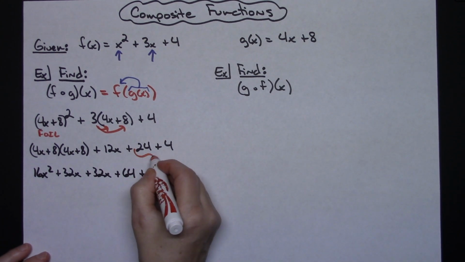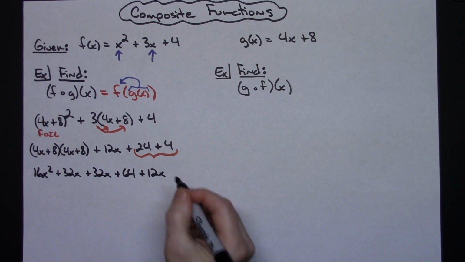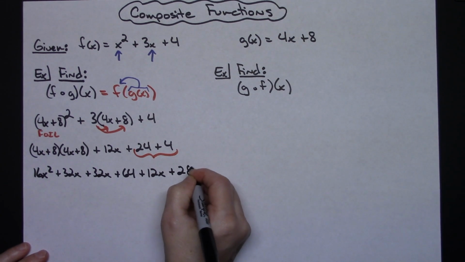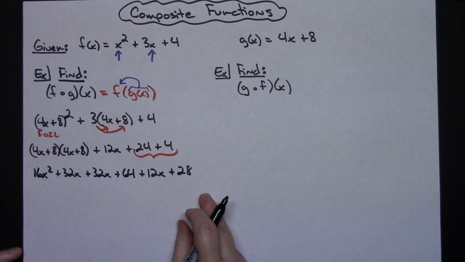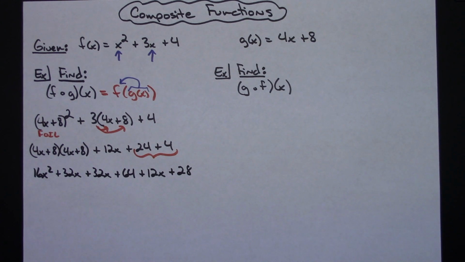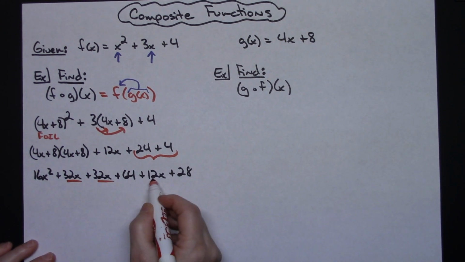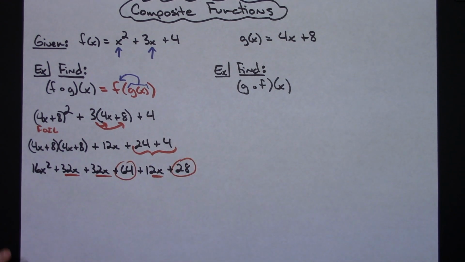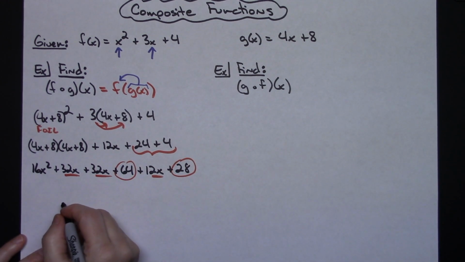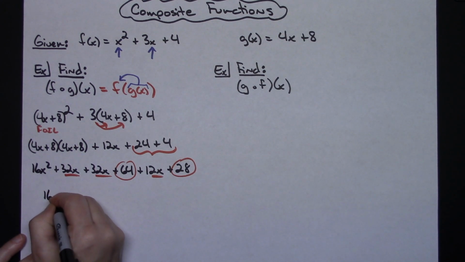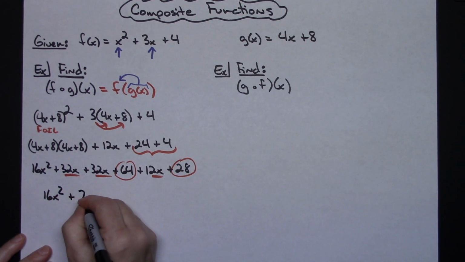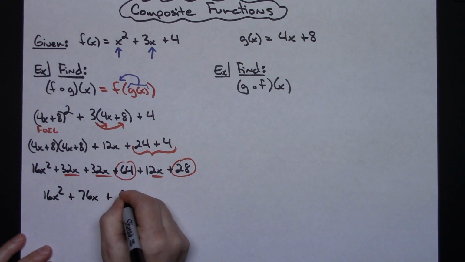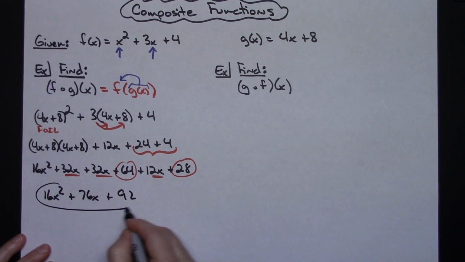Since these two are constants, I might as well go ahead and add those to get a plus 28 right there. At this point, if you've not made any mistakes, it's just a matter of combining your like terms. You've got 3 that have x's right there, and there's a couple constants that can be added as well. So our final answer here is going to be 16x squared plus 76x plus 92.